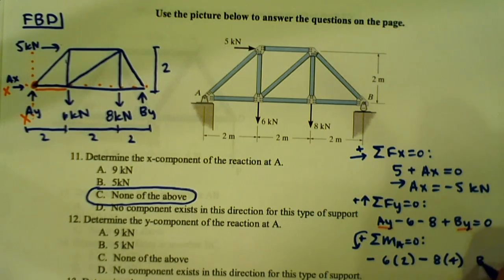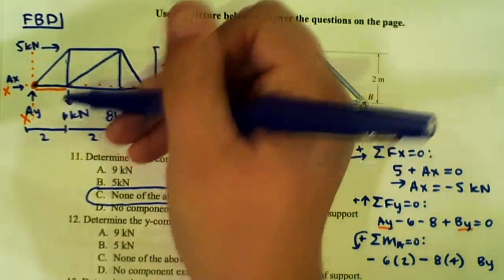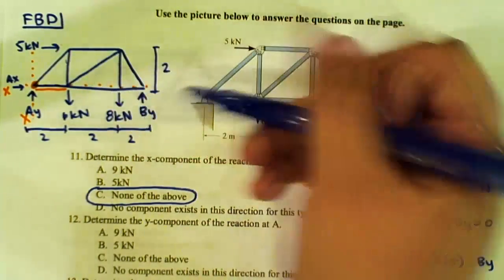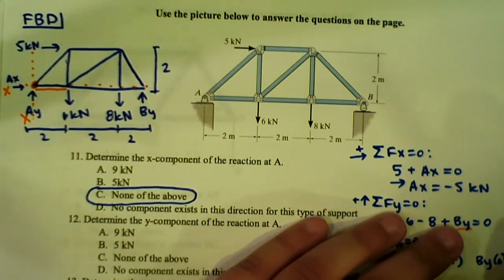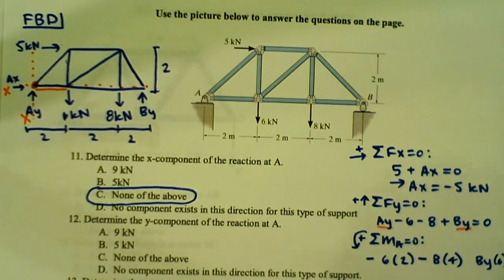For BY, it has a perpendicular distance of 2 plus 2 plus 2, which is 6. It's going to create a counterclockwise moment about A, since it pushes my arms in a counterclockwise way, so it will be positive.